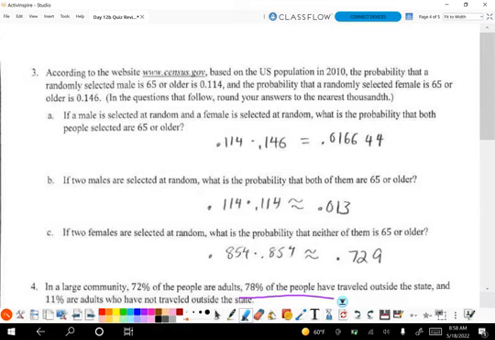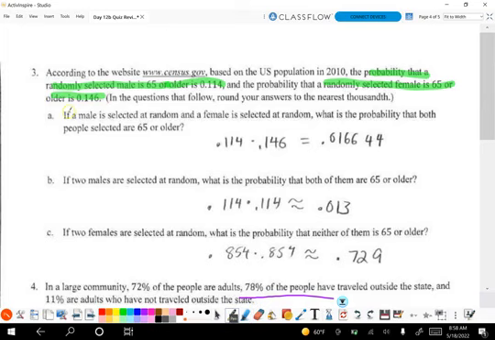So they're giving us the probability that a randomly selected male is 65 and older, the probability that a randomly selected female is 65 or older. And they're asking us to calculate probabilities based on this information.